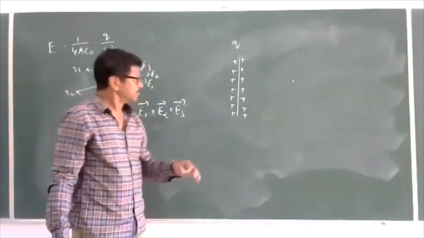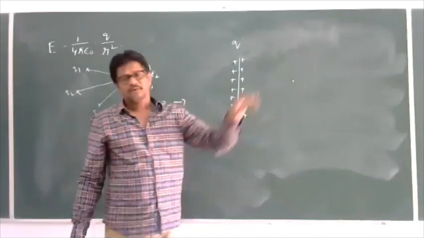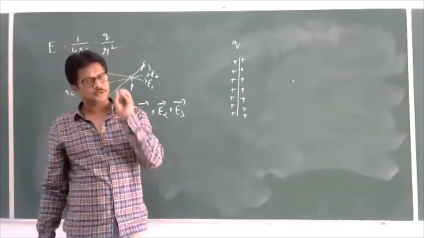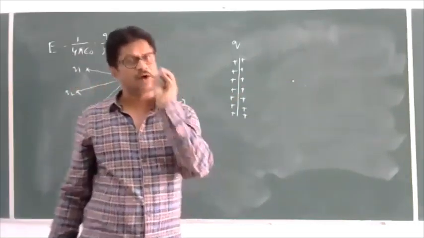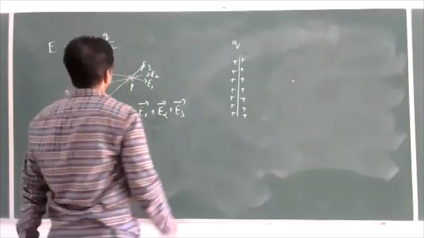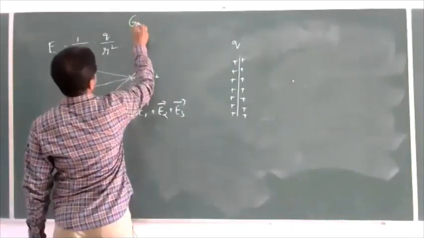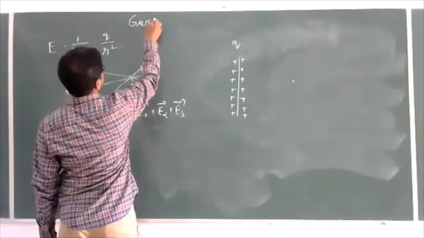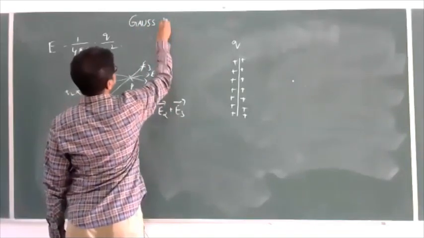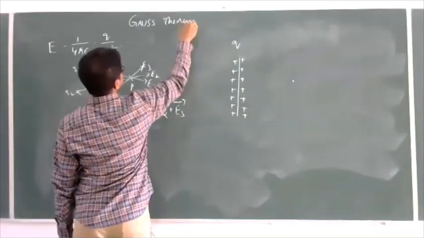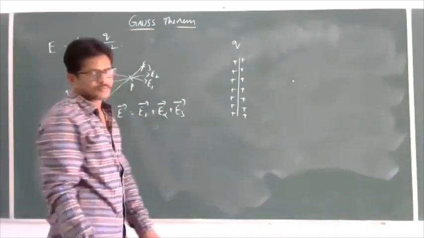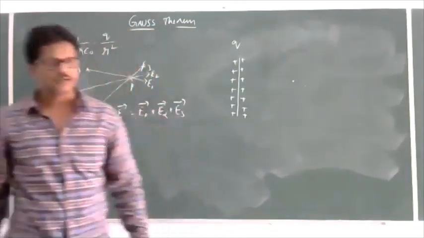That's why we make use of one special theorem called Gauss theorem. Whenever you feel difficulty using Coulomb's inverse square law, then we'll make use of Gauss theorem.